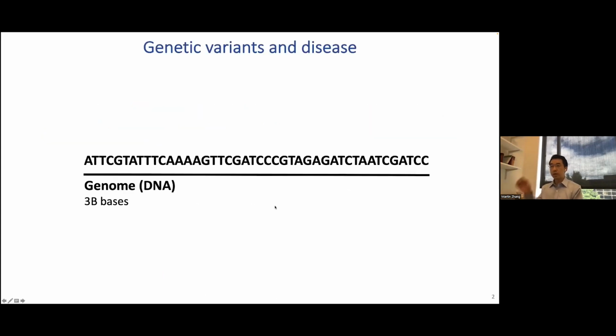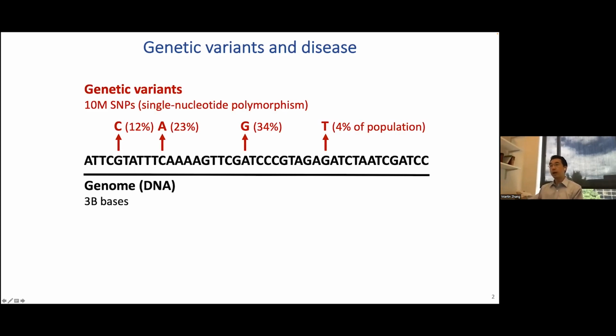So a bit of background, we know that the human genome consists of roughly 3 billion base pairs of nucleotides, and each of those nucleotides can be one of A, T, C, or G. Those nucleotides can be different for different people, and there are around 10 million mutations or single nucleotide polymorphisms.